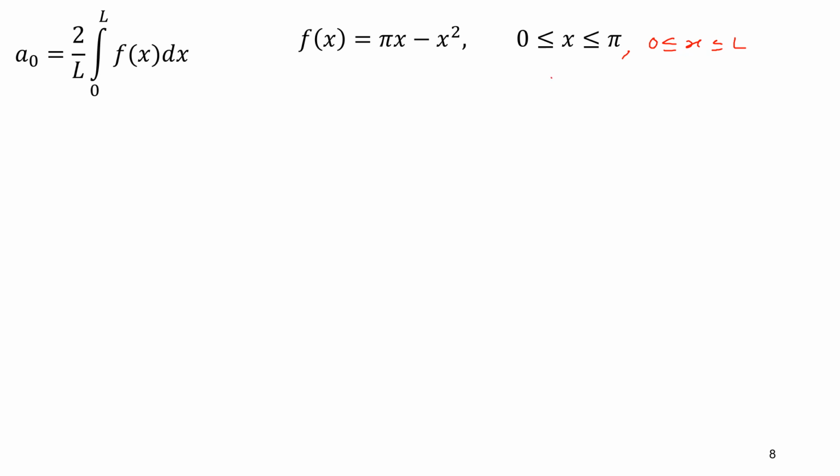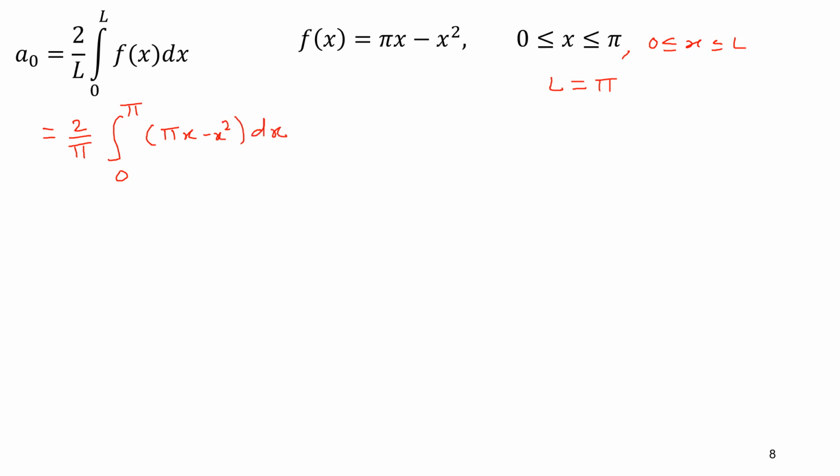So obviously here the value of l is pi. So the formula for a0 is 2/pi integration from 0 to pi, and f(x) is pi x minus x square, then dx.